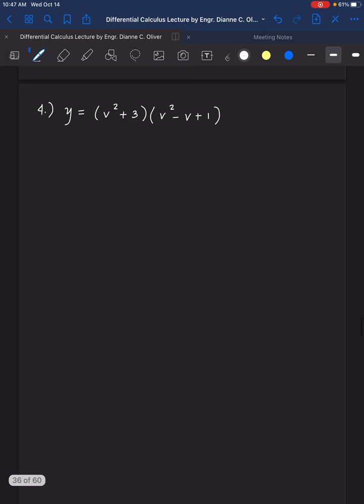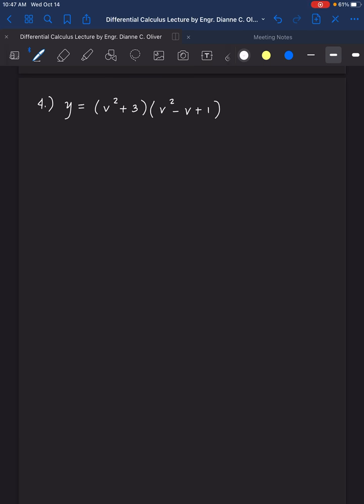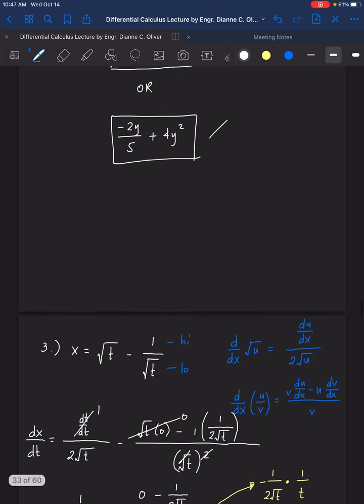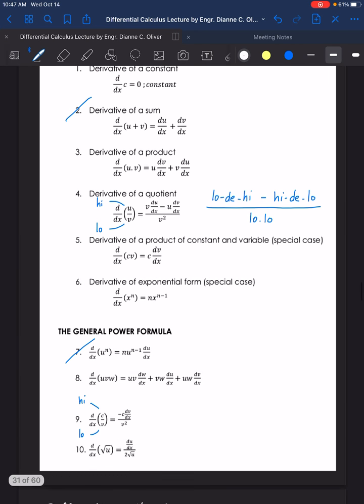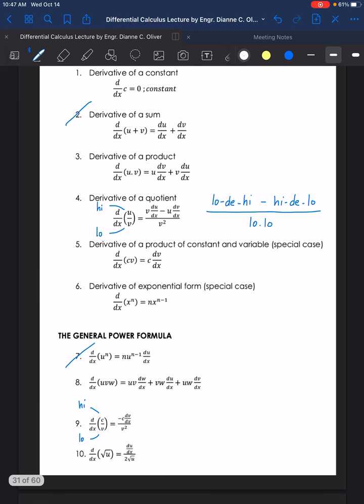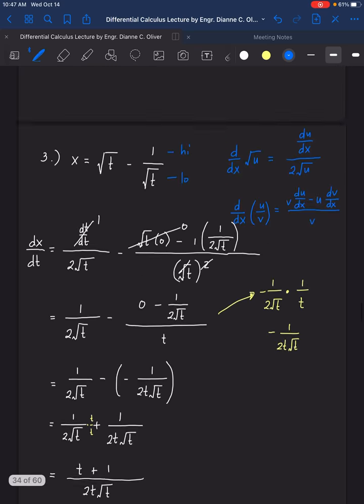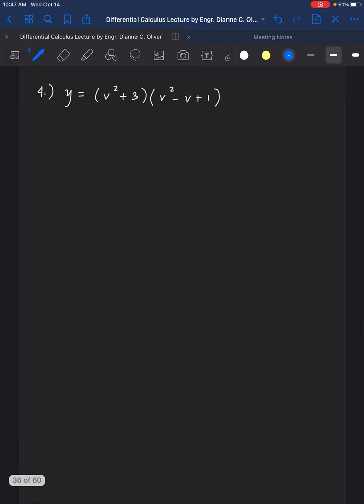So let's proceed for example number 4. In this kind of problem, what do you think is the pattern to be used? For this problem, we will be using derivative of the product. Okay.